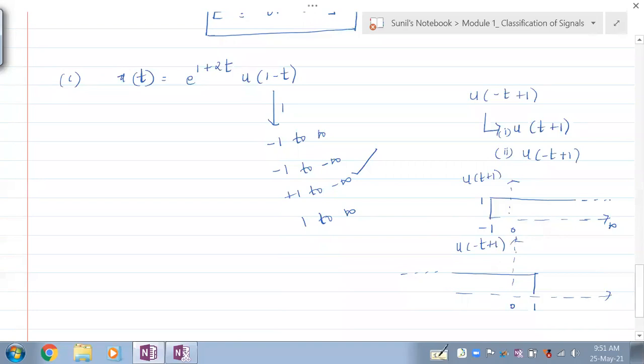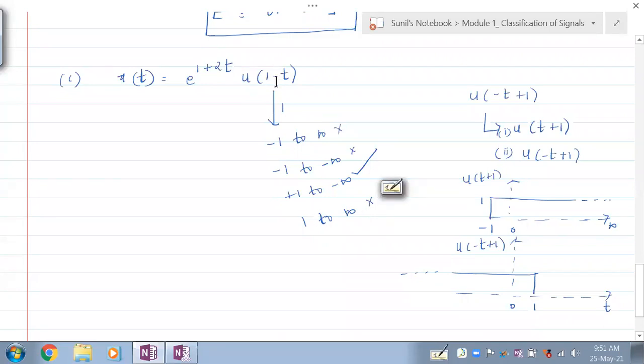Understand that? So this is t, mind you. So what is the range now? The range is minus infinity to 1, or 1 to minus infinity. So these are all wrong. Is that okay with you? So we have understood the range of u of 1 minus t.